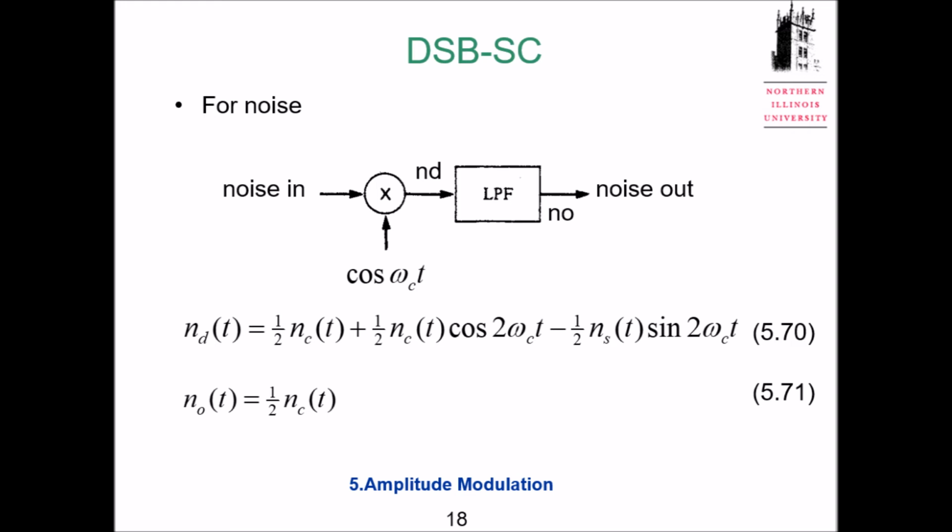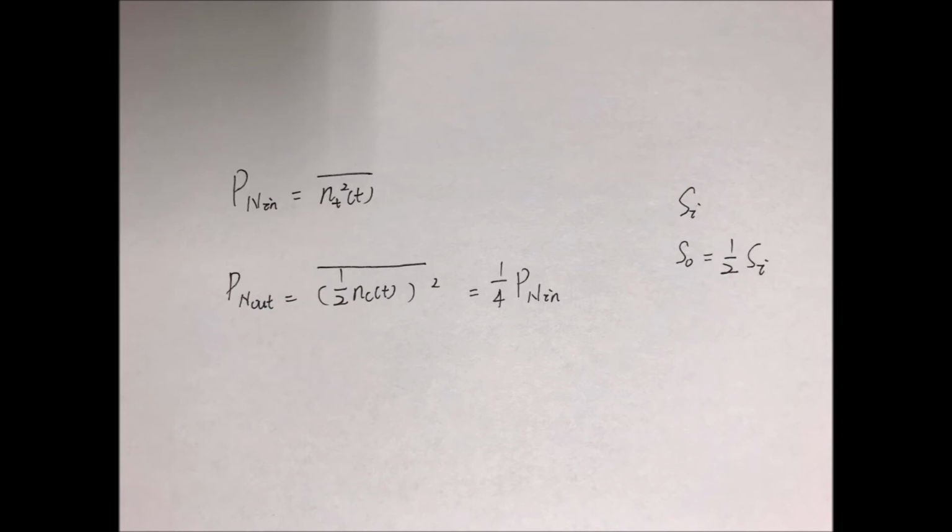So what will be the power? 1/4, right? 1/4. So for noise power, the input power will be NC squared, mean square value.